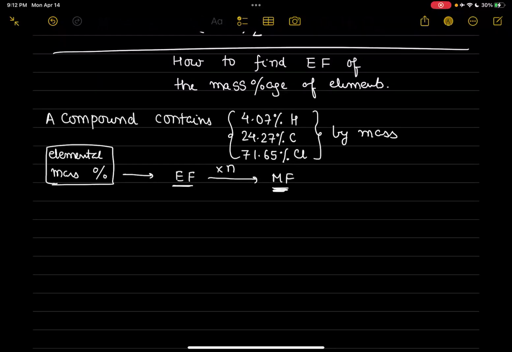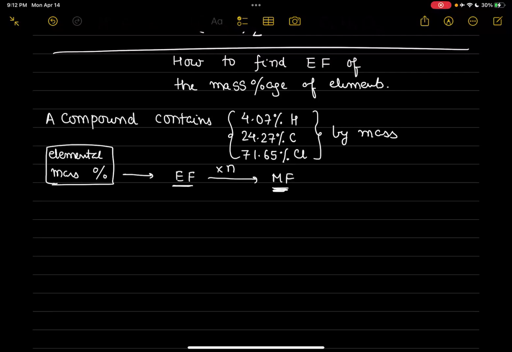You will be given the percentage of all the elements. And from that you can get the empirical formula, multiply it by n, and you will get the molecular formula. The sum of the percentages is 100.